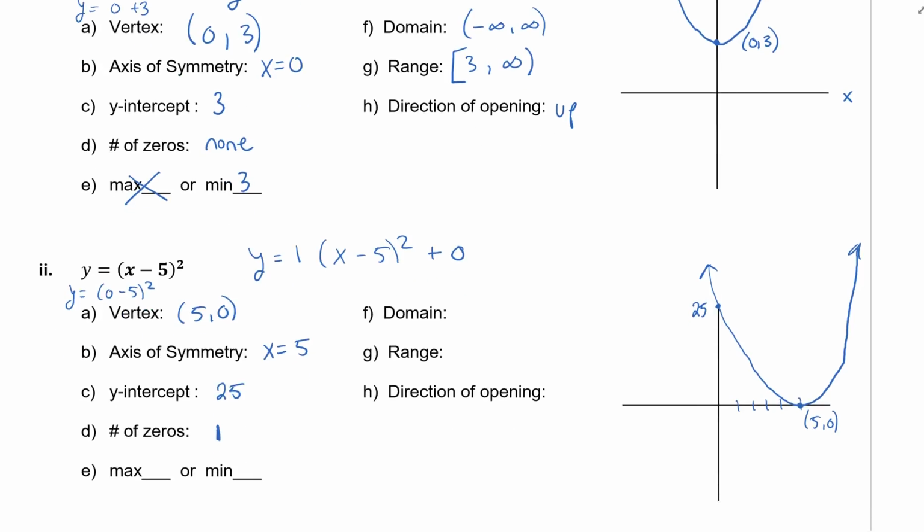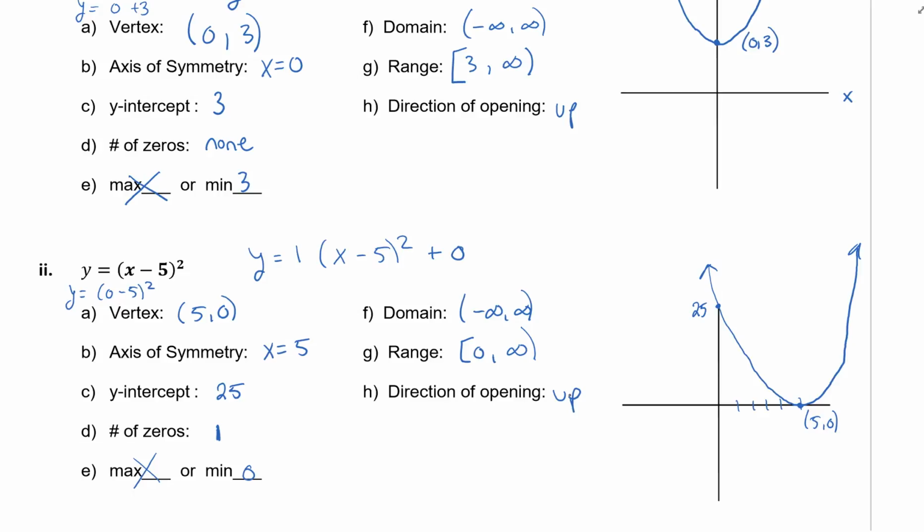And it's going to be a minimum, not a maximum. It's going to be a minimum at 0. My y value is 0. Domain goes from negative infinity to infinity, and the range goes from 0 to infinity. Direction of the opening is up. Okay, so you can see it's much easier and much quicker than actually using your graphing calculator.